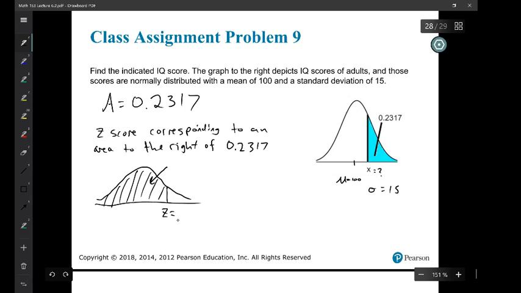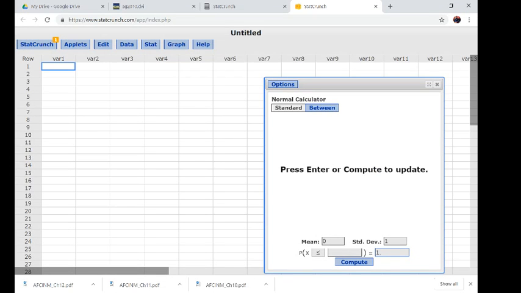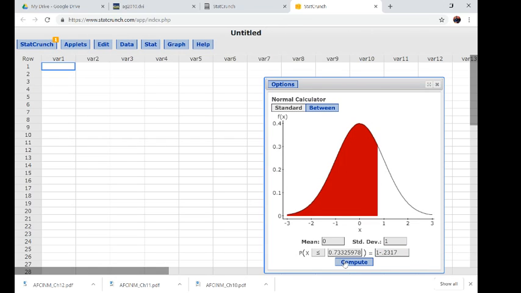So this area is 1 minus the area to the right. So you can just type in the arithmetic into your normal calculator. So 1 minus 0.2317, and then it will give us the z-score here.